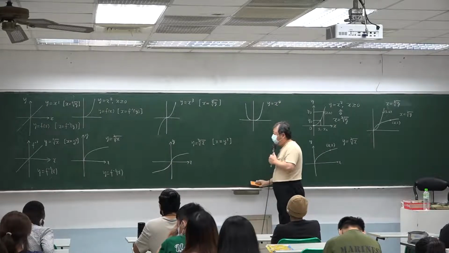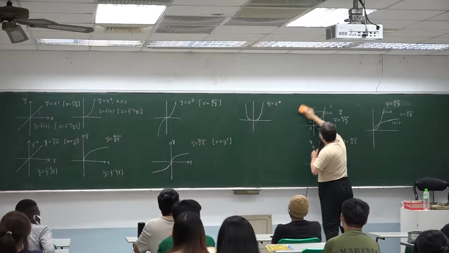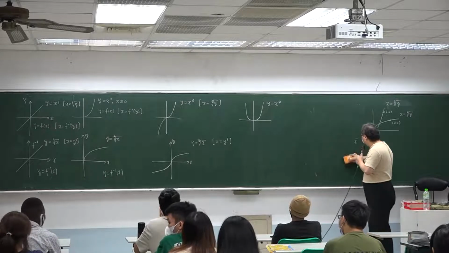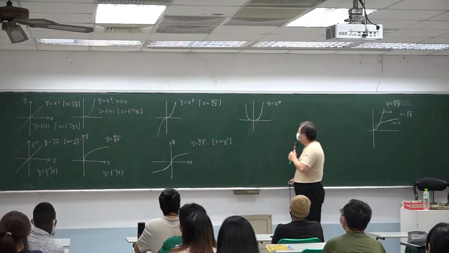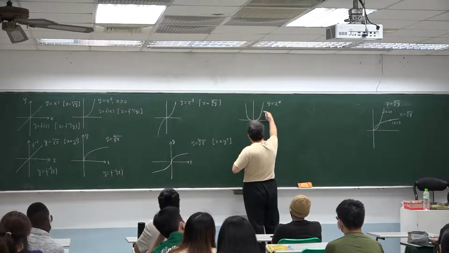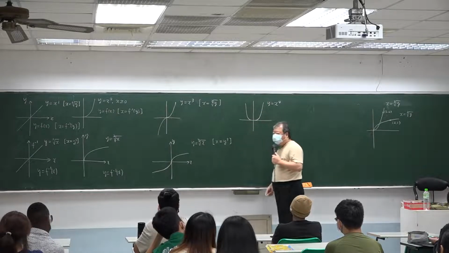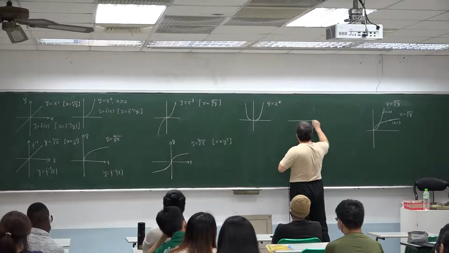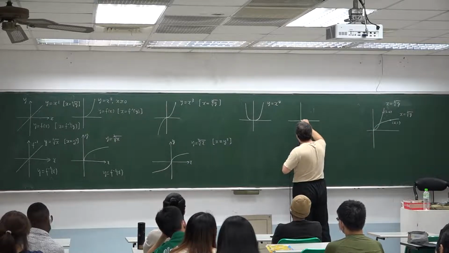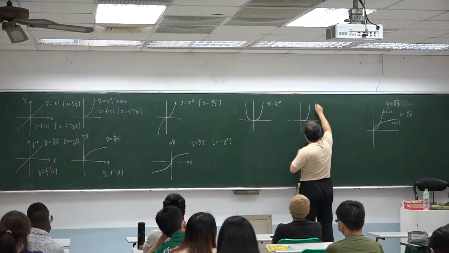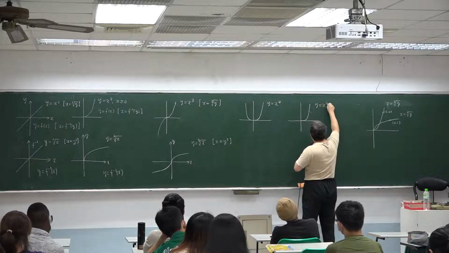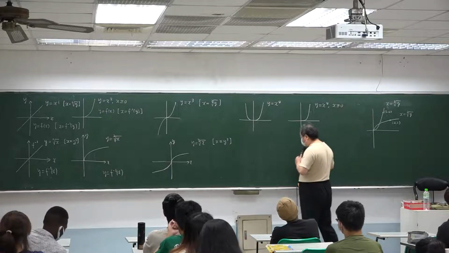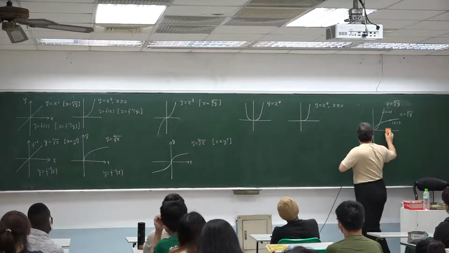Y equals x to the 4th power. This function is not 1-to-1 because different values may be mapped to the same value. So we consider its restriction. Now, this function is 1-to-1.